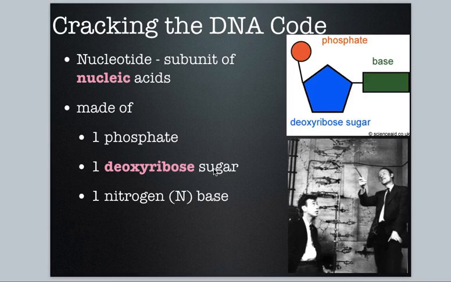One deoxyribose sugar. It is the sugar ribose, and it's missing an oxygen. Deoxyribose sugar, that's the blue house here. And then one nitrogen base, nitrogen from the biochemistry unit, capitalized with a capital N, and that's a base.